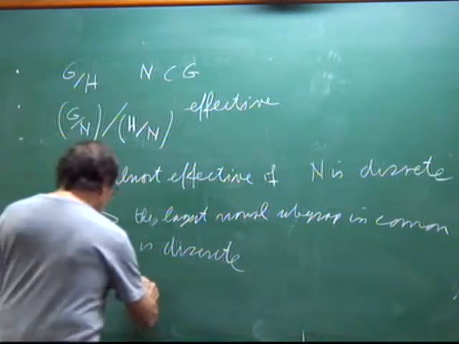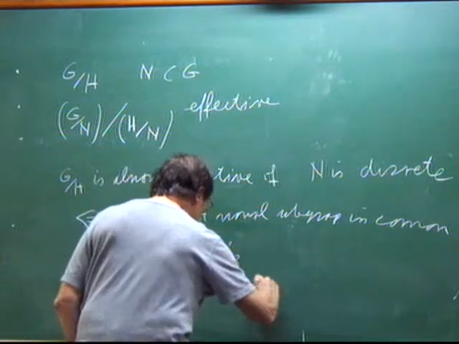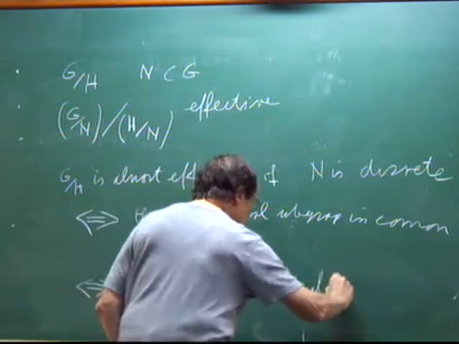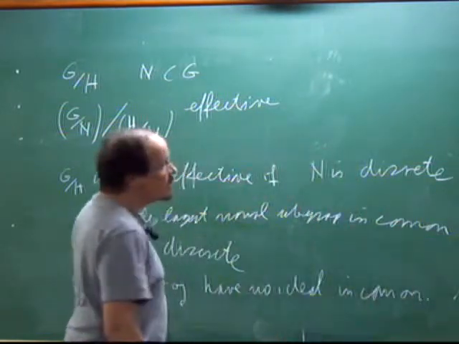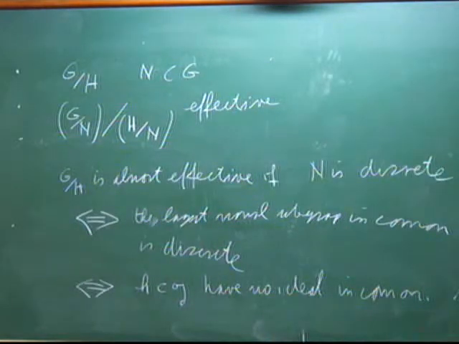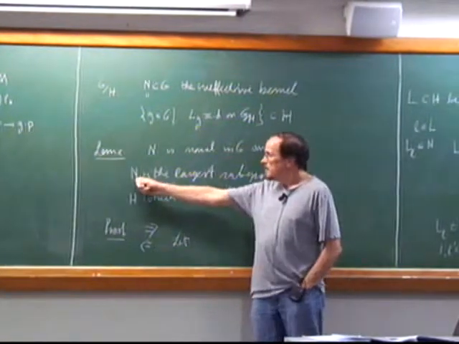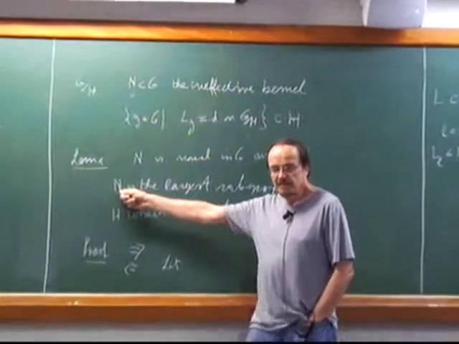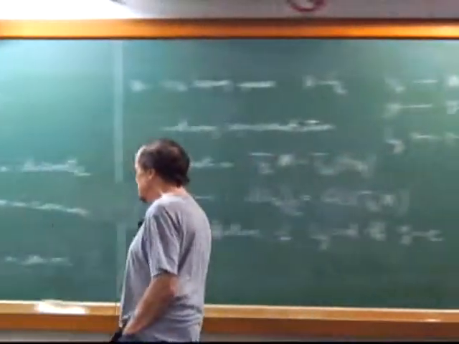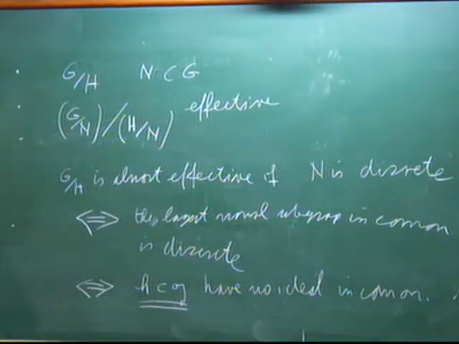That means that h and g have no ideal in common. So if N is the ineffective kernel, then on the Lie algebra level, the Lie algebra of N is the largest ideal that g and h have in common. So g and h have no ideal in common. It's a nice simple way to express almost effectiveness on the Lie algebra level.